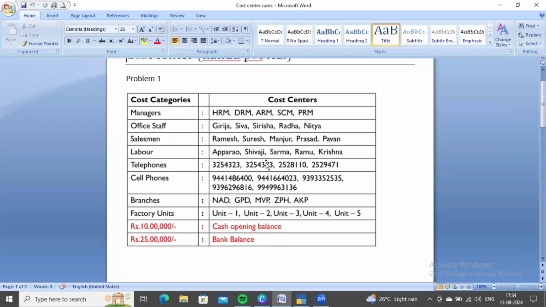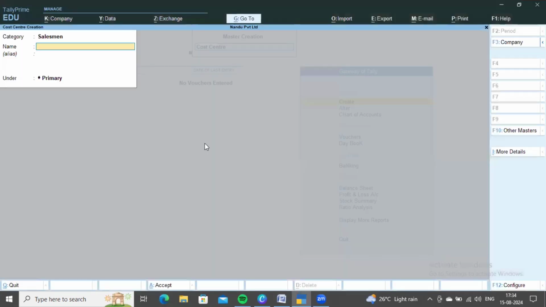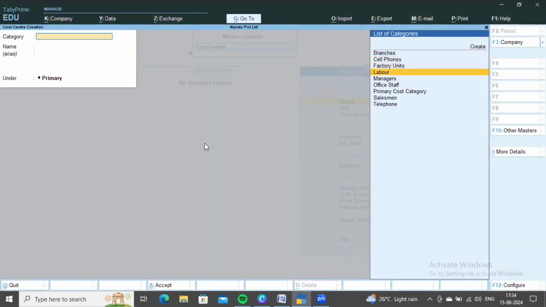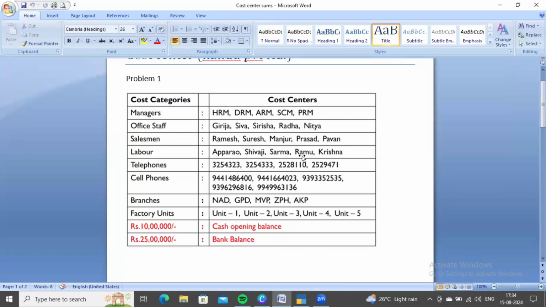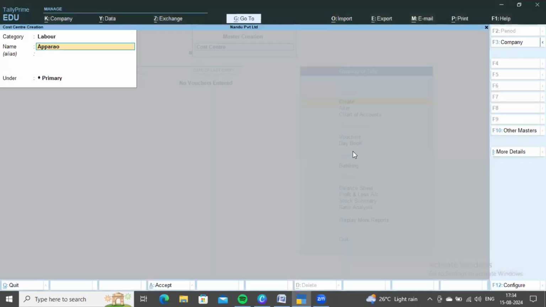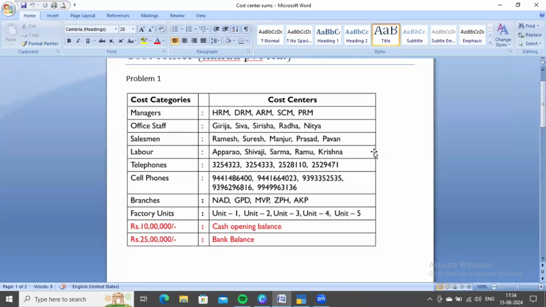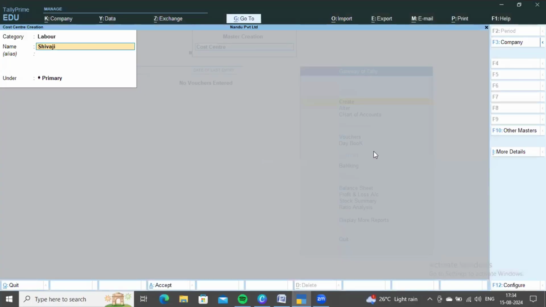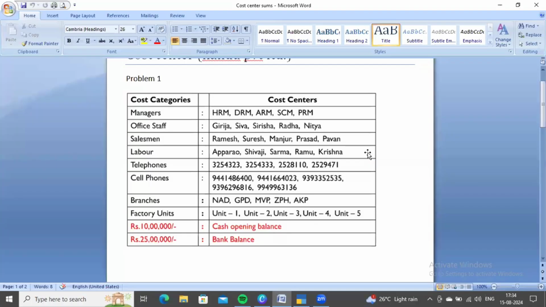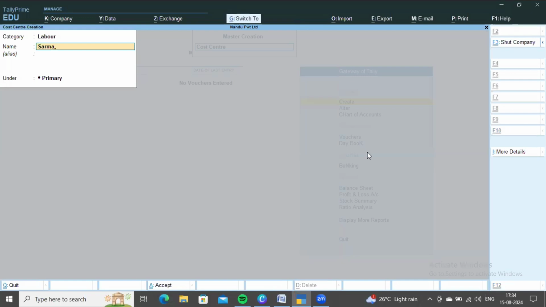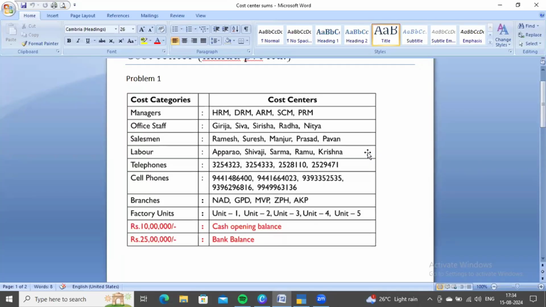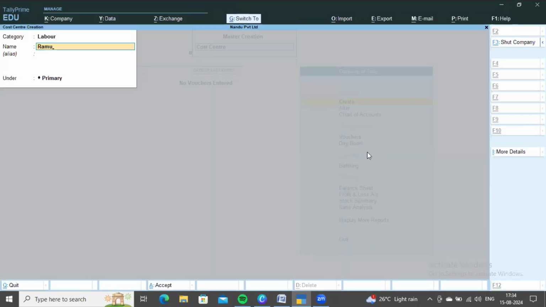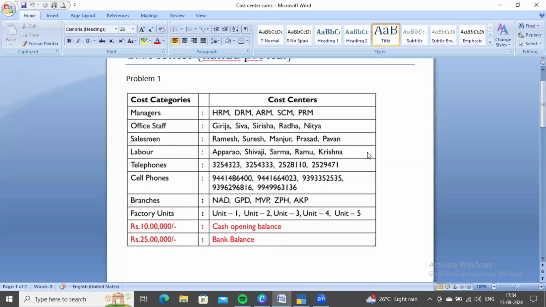And the next category is labor. Select labor and enter Shivaji, Sarna, Ramu, and Krishna.